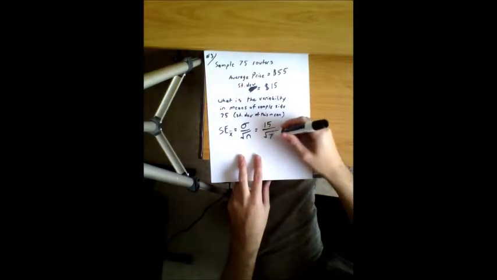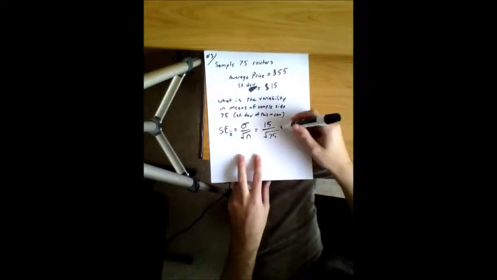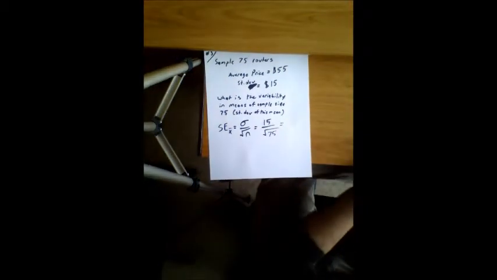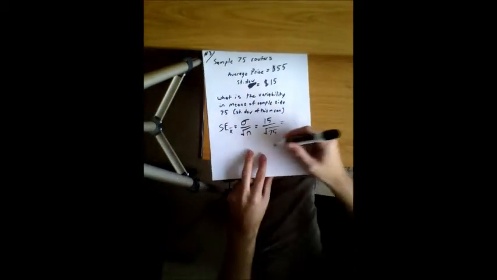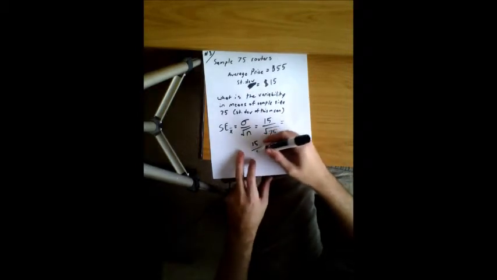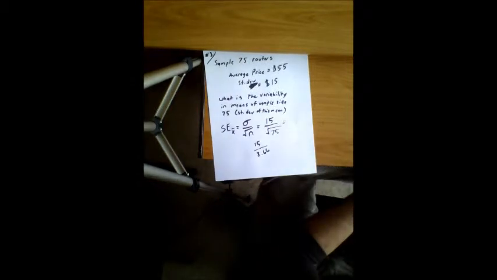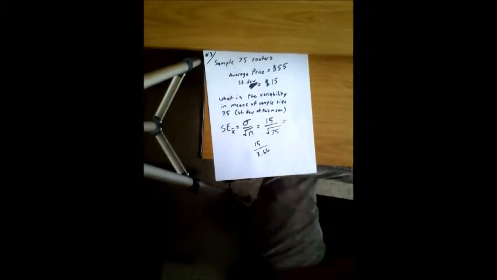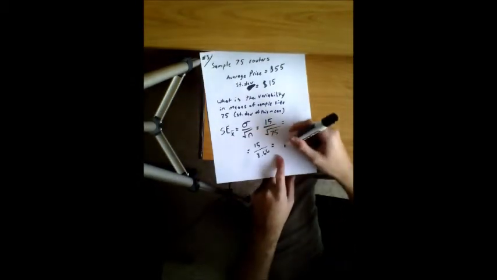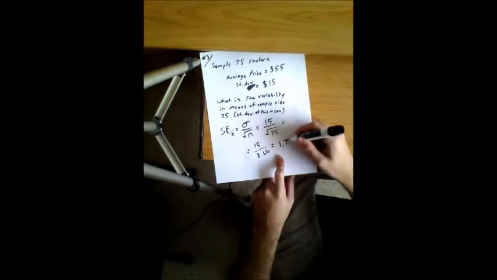We have 75 of these things. So of course, it's just 15 divided by the square root of 75. So this is 15 divided by 8.66, approximately. And dividing this thing out, I should get about 1.732.